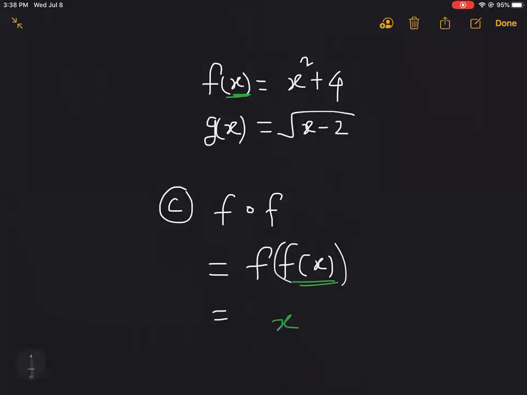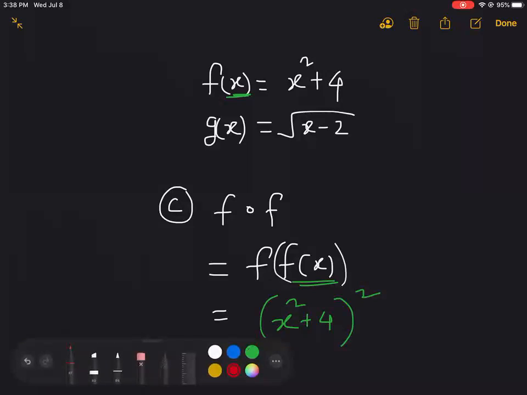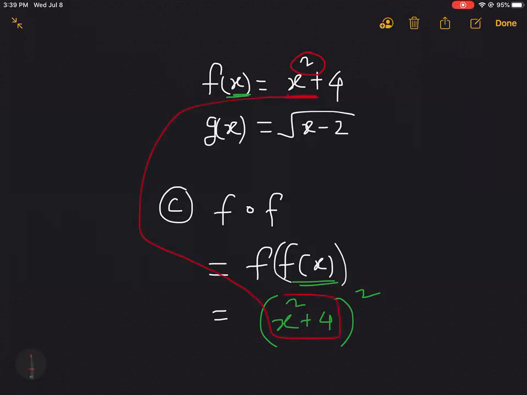Instead, you will use x squared plus 4. In place of your x, you need to use that. Now you need to square that because you are replacing this x by x squared plus 4, right?